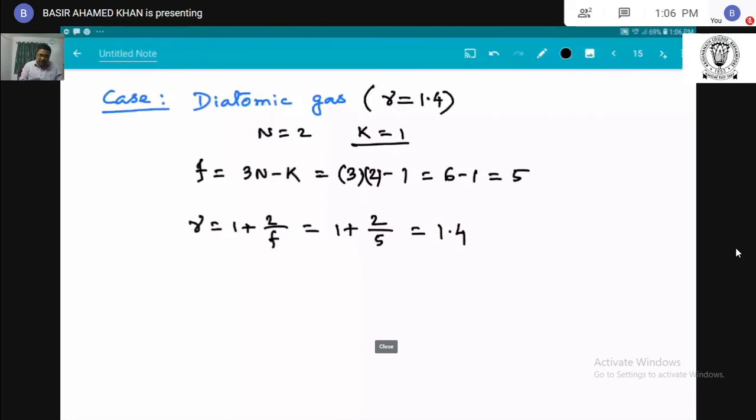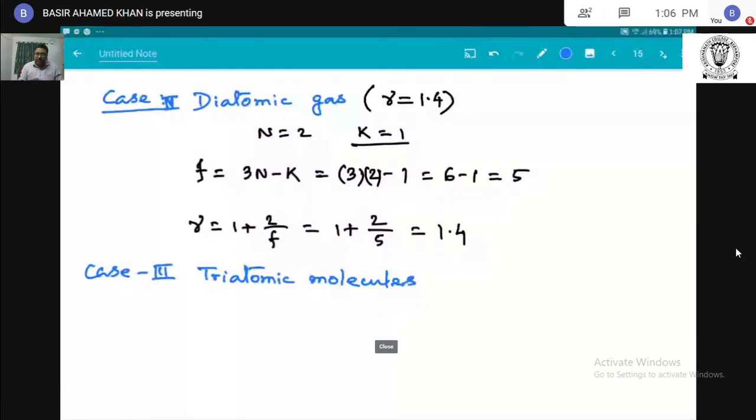This is case 2, and now case 3, triatomic molecules.